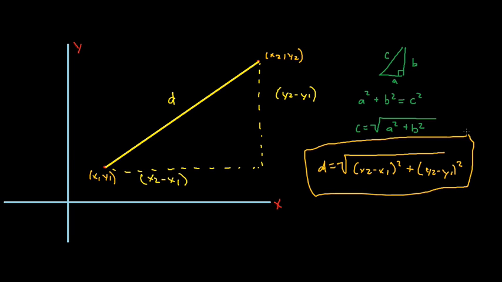So now that we have the distance formula, let's pick some points and see how it works. Let me pick something that'll work out nice. So 1, 1, and what'll give an easy number? Oh yeah, 4, 5.